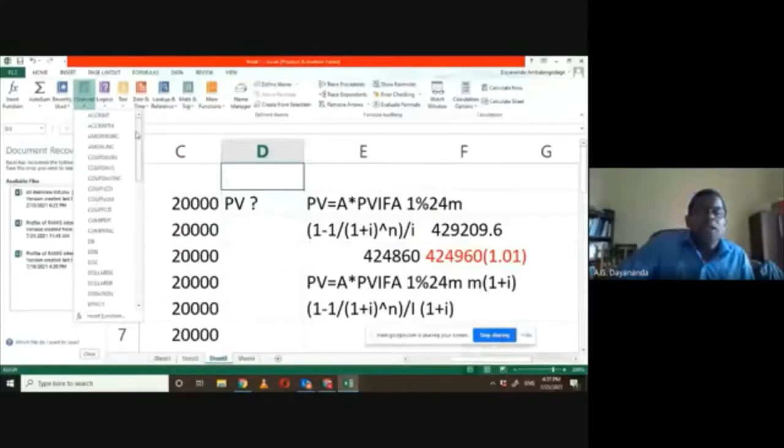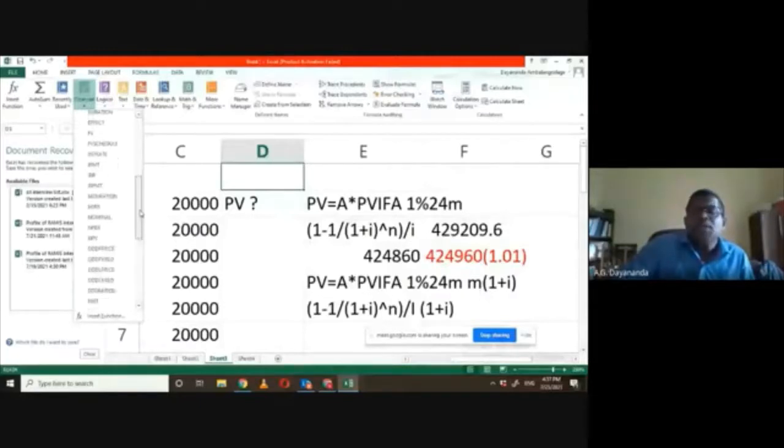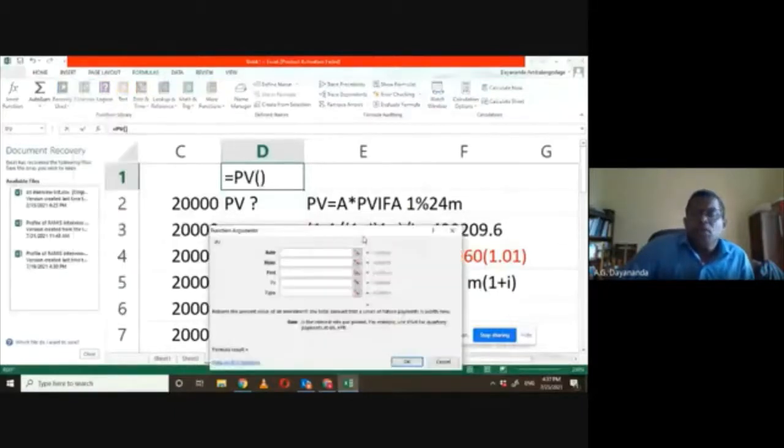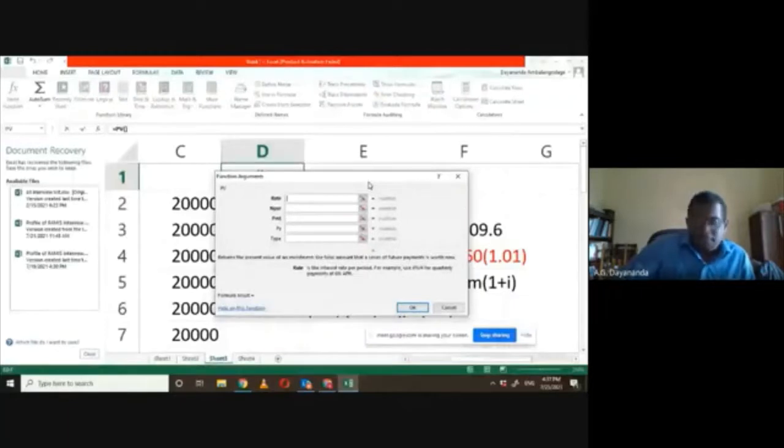If you want to calculate future value, you go to future value. If you want to calculate present value, you go to present value. When you click present value, you will get a box. In the box, you enter the rate. In this case the rate is 1%.